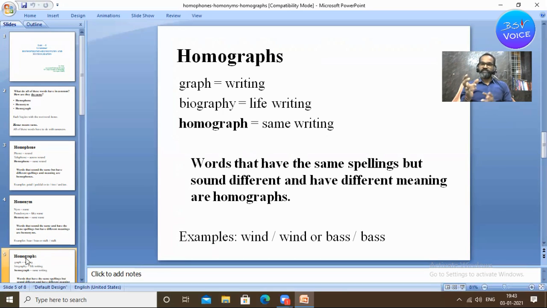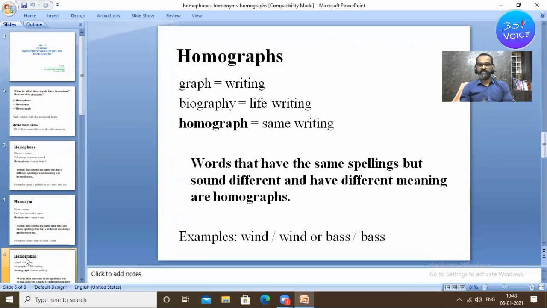Words that have the same spelling but sound different and have different meanings are homographs.